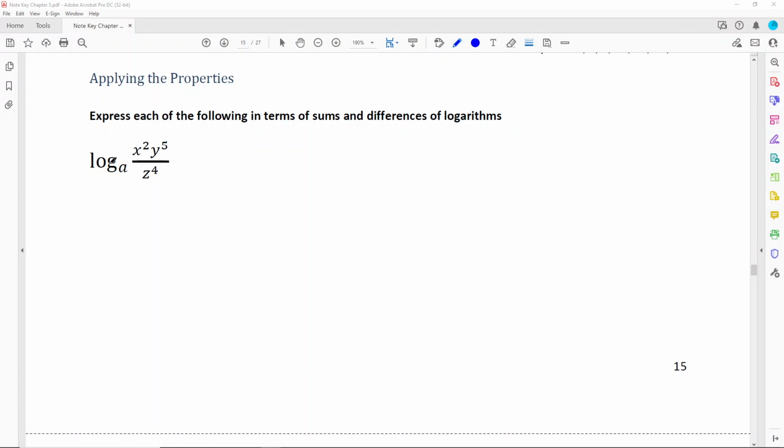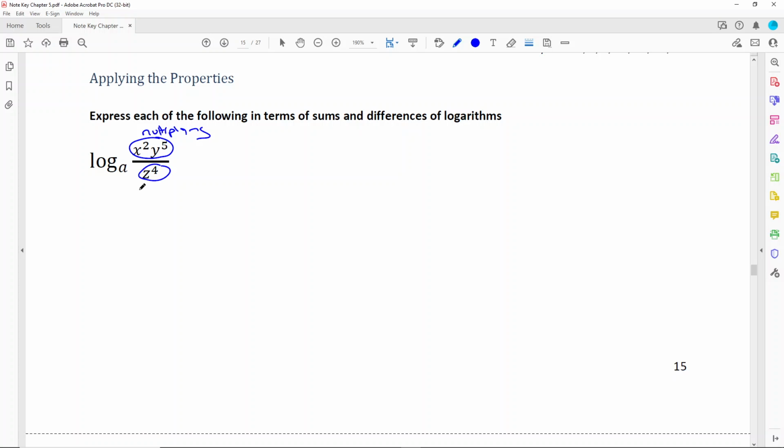So this is the log to the base a of x squared times y to the 5 divided by z to the 4. And the easiest way I can explain this is that anything multiplying, you're going to add, and anything dividing, you're going to subtract. And the rule is that anything that's on the top is multiplying. This is all multiplying.